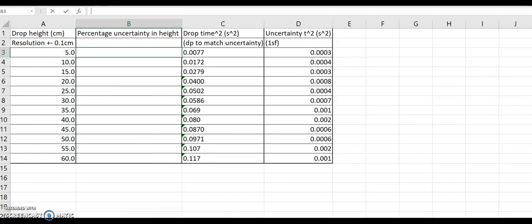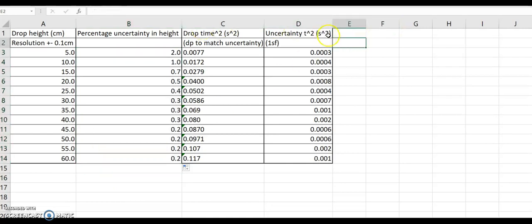Our estimate of the uncertainty in the drop height is just the resolution, because we've only taken one measurement, so we don't have a spread, so we don't have an uncertainty proper. But we can use the resolution of 0.1 centimeters as our uncertainty. So 0.1 over the value times 100 to give us a percent. Right, so we can calculate the percentage uncertainty in the heights.